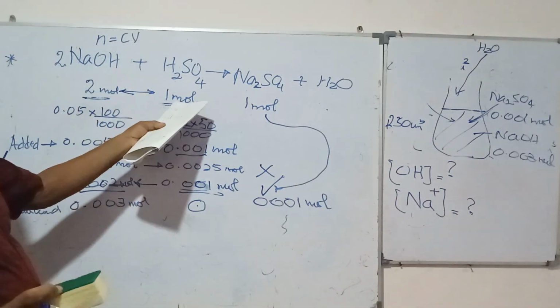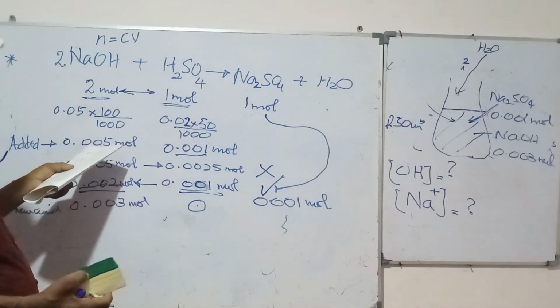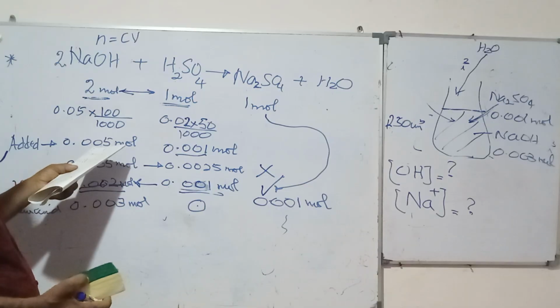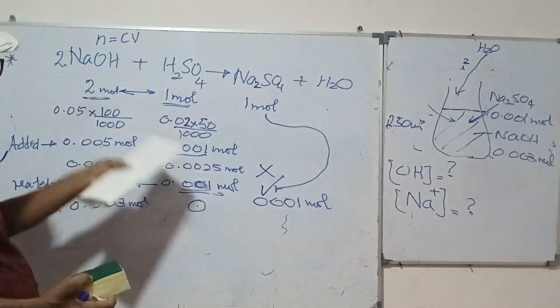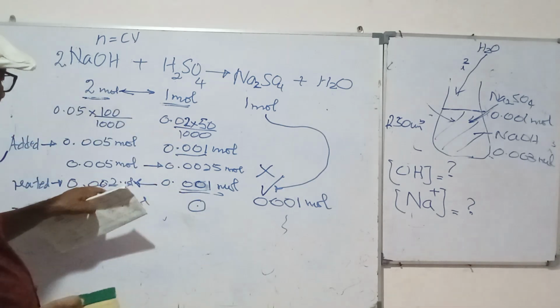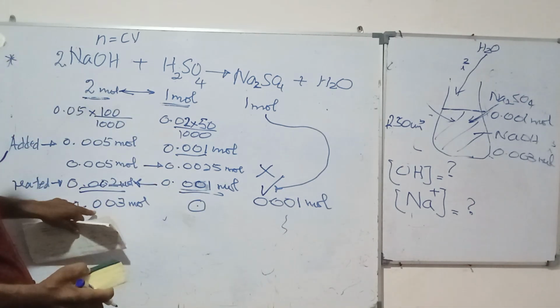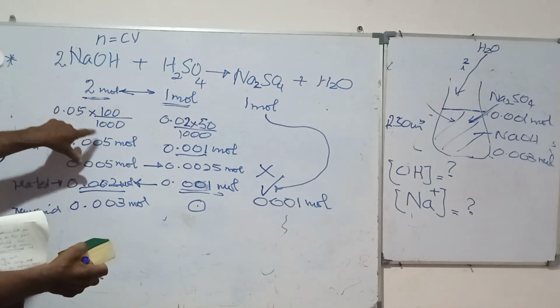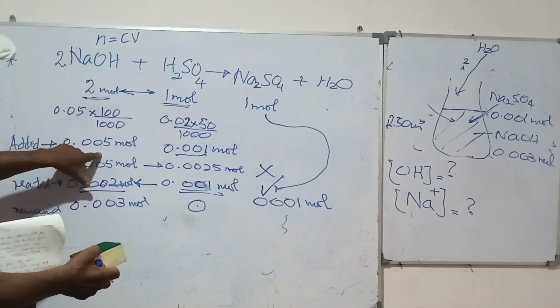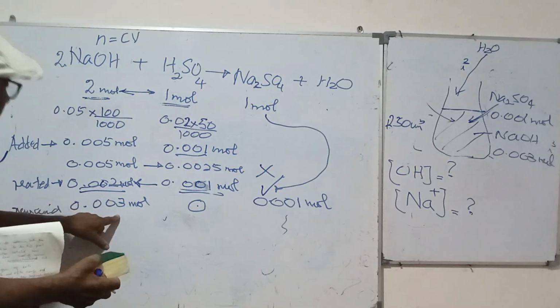According to the stoichiometric ratio, we calculate the number of moles of each reactant and how they react with each other according to the stoichiometric ratio. Then due to the large amount of 0.05 of NaOH, it remains 0.03.